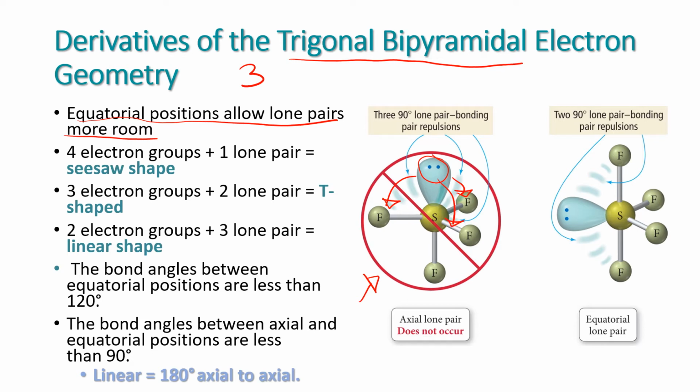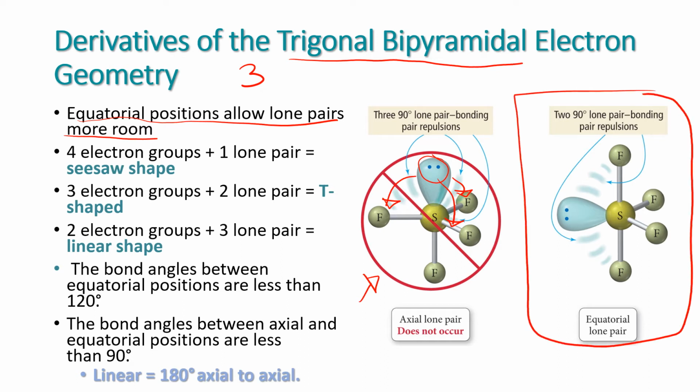Versus whenever you have a lone pair in the equatorial position, as shown right here, this will be 120 degrees away from that, and it will be 90 degrees away from that. So it gives it more space because compared to over here, it's 90 degrees away from everything. But right here in the equatorial position, it's 90 degrees away from this one, but then it's 120 degrees away from this one and this one. So it will prefer that. It gives it more space.